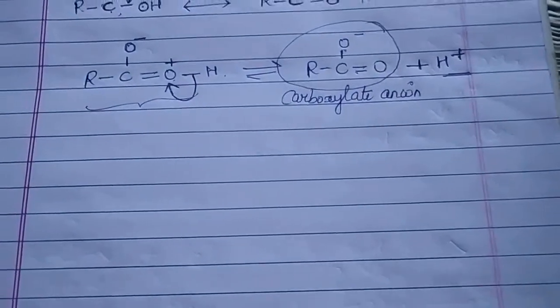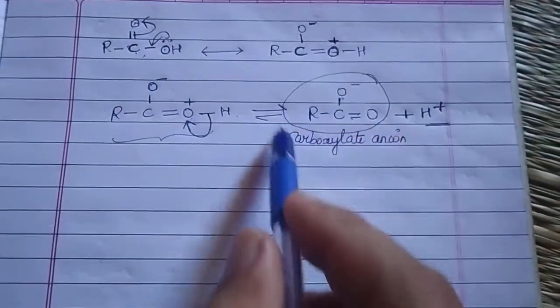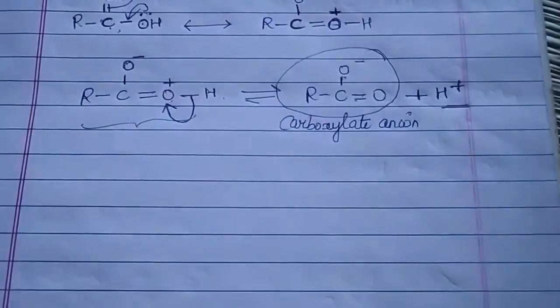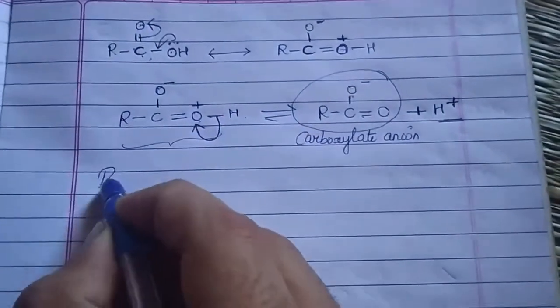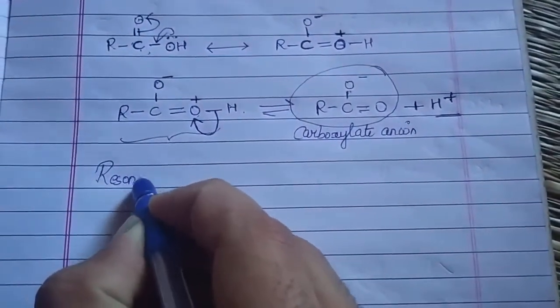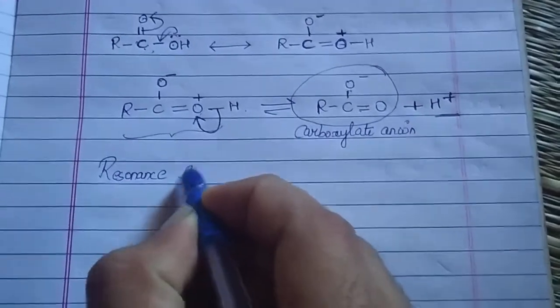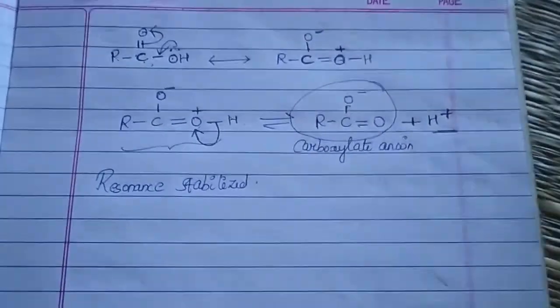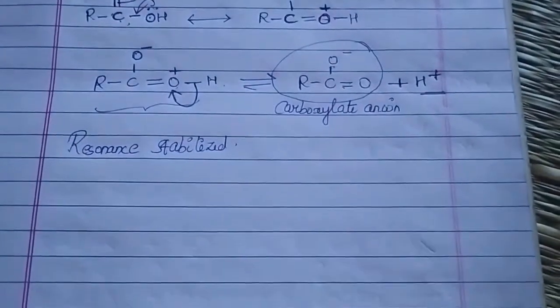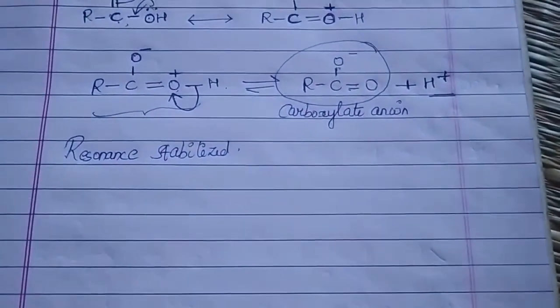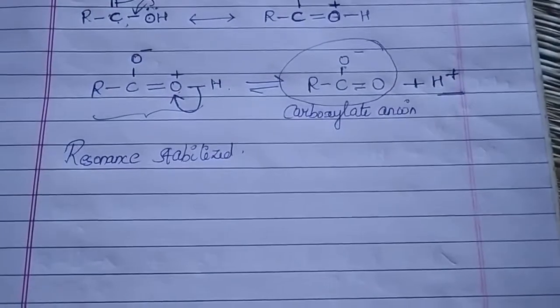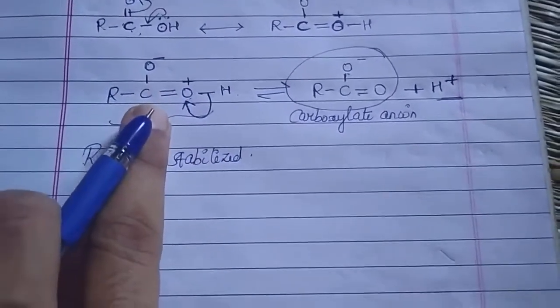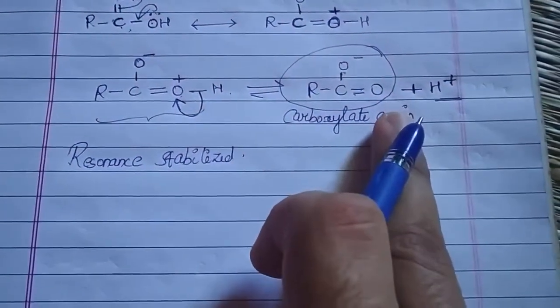Why is it so? Because when we study this carboxylate anion, it is resonance stabilized. And we know that in chemistry, a molecule or a compound will always try to be stable. So compared to your carboxylic acid, your carboxylate anion is more stable.